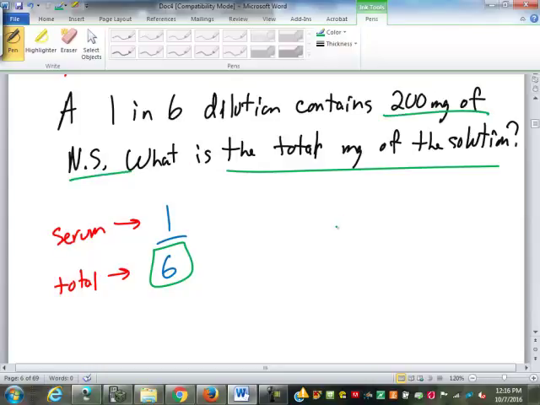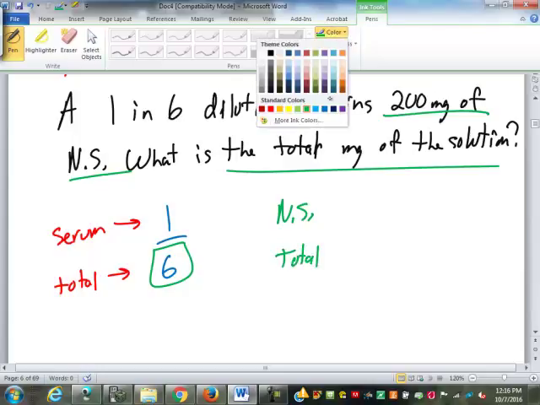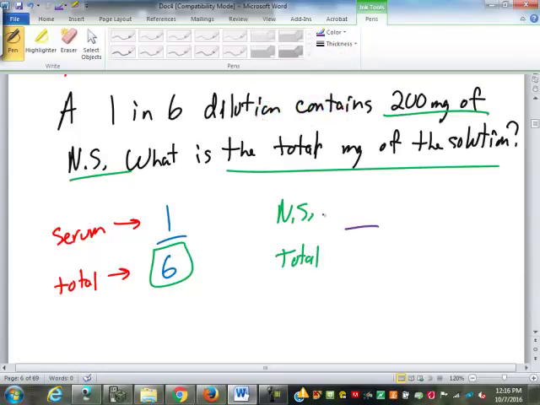So what would be more useful for us would be a ratio of saline to total. What is that ratio going to be? Well, the total would stay 6. How much saline would there be? 5.